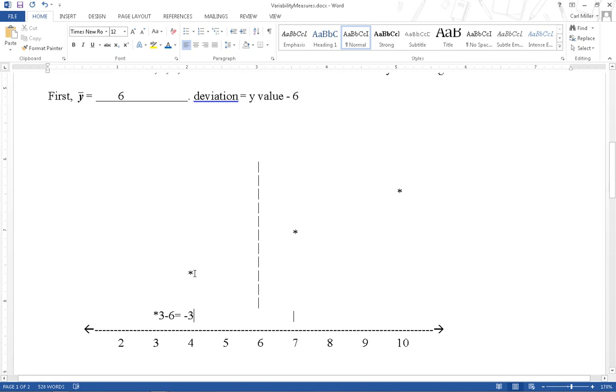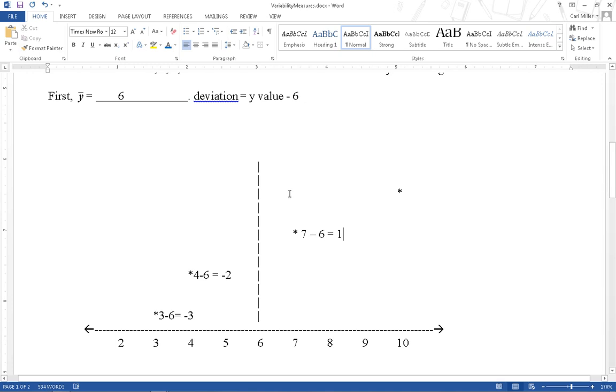For the next one we would have 4 minus 6, and that is -2. Then 7 minus 6 is 1, and that is positive.